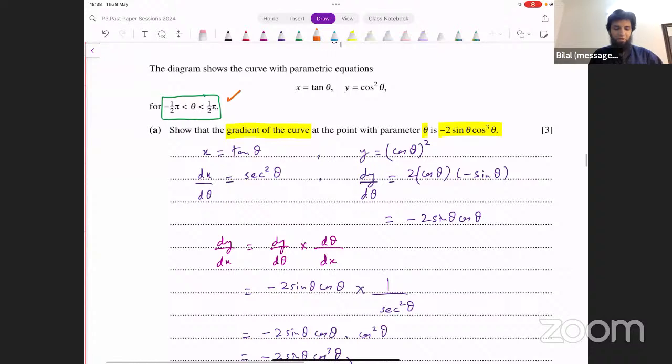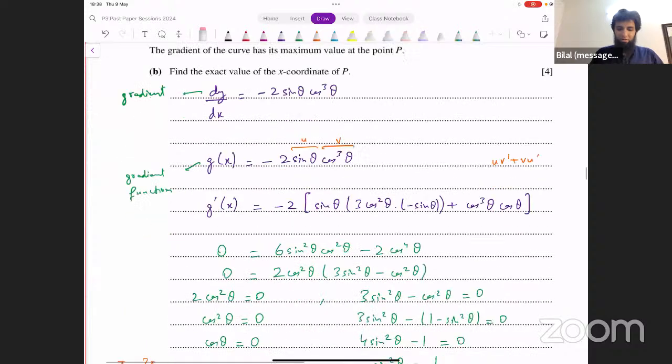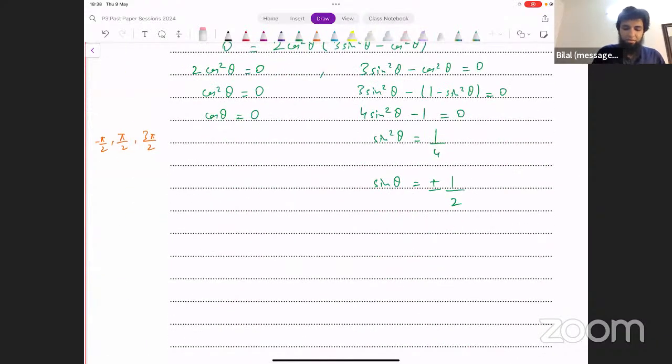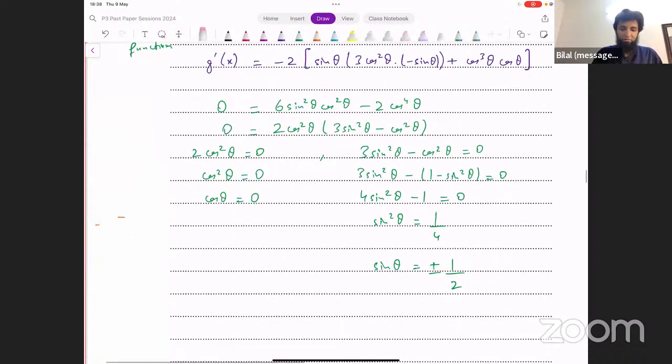Now the interval is from minus pi over 2 to plus pi over 2. Minus pi over 2 is not included. Pi over 2 is also not included. That means we don't have any answer from this first equation inside our interval. This is no solution in the given interval. So we don't get anything from here.